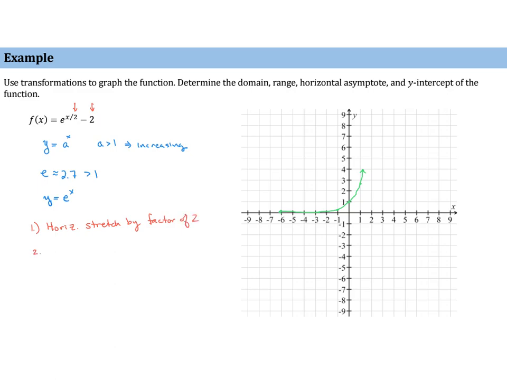And then the subtraction of 2 is going to move us down 2 units. So instead of y equals 0 being our horizontal asymptote, we will now move that down.